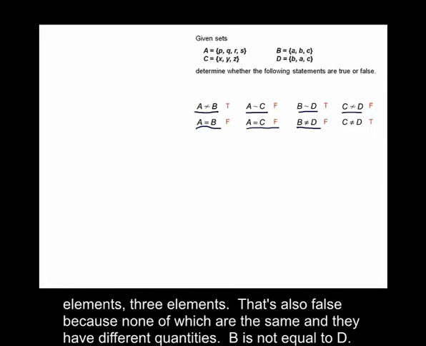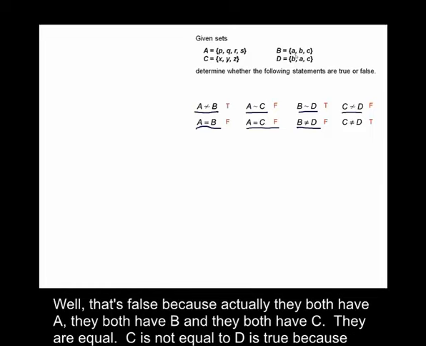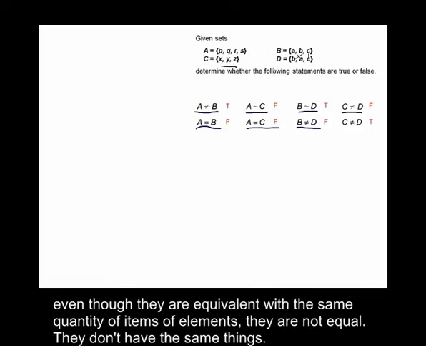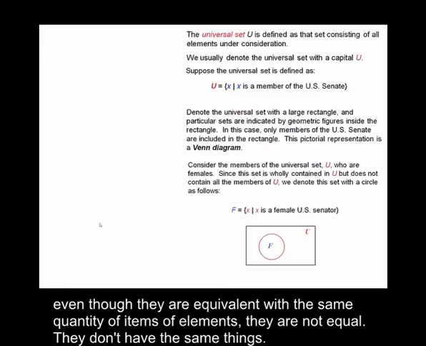B is not equal to D. Well, that's false because they both have A, B, and C. They are equal. C is not equal to D is true because even though they are equivalent with the same quantity of elements, they are not equal. They don't have the same things.